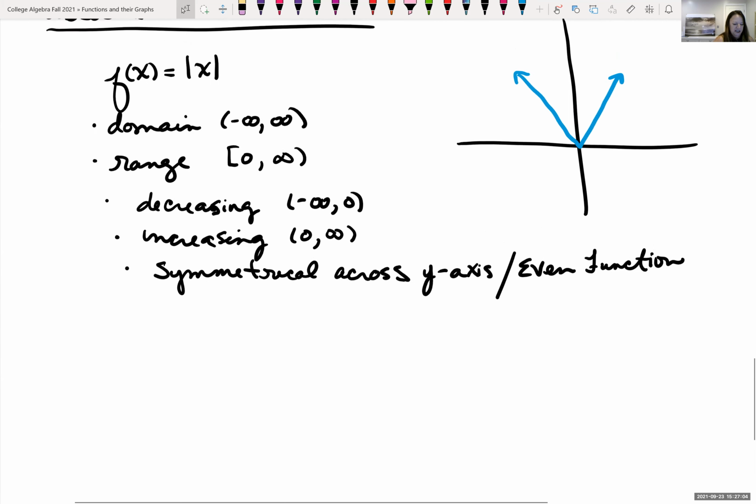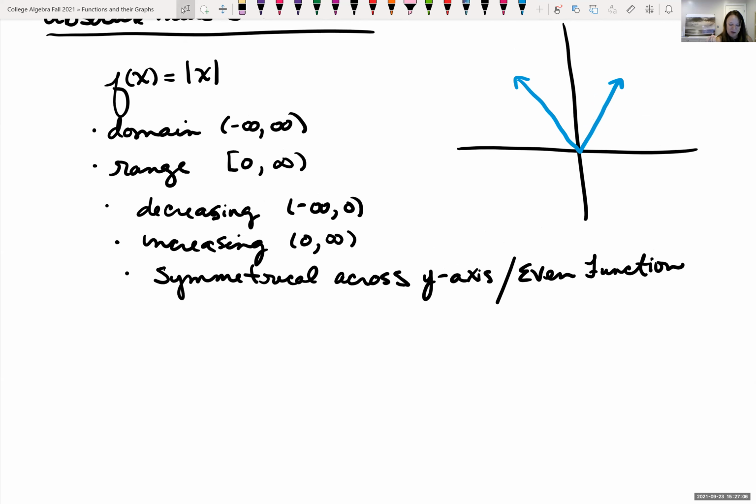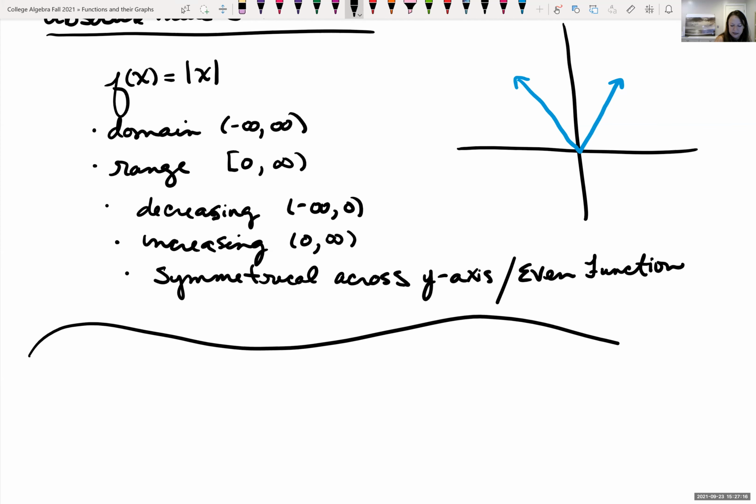So this actually was a perfect one to stop with, the absolute value function, because that can be defined as a piecewise function. And that is another thing we're going to talk about in this section. So piecewise functions.